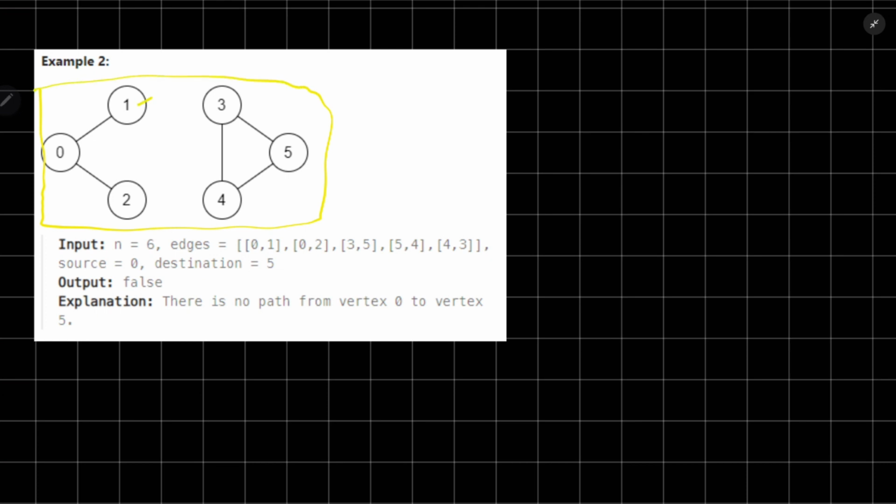So let's say this is our source, and if the destination is this, then we can reach here by going here and then here. But if we have 1 as our source and our destination is 5, then we have no path from which we can go to 5. So in that case we'll have to return false.